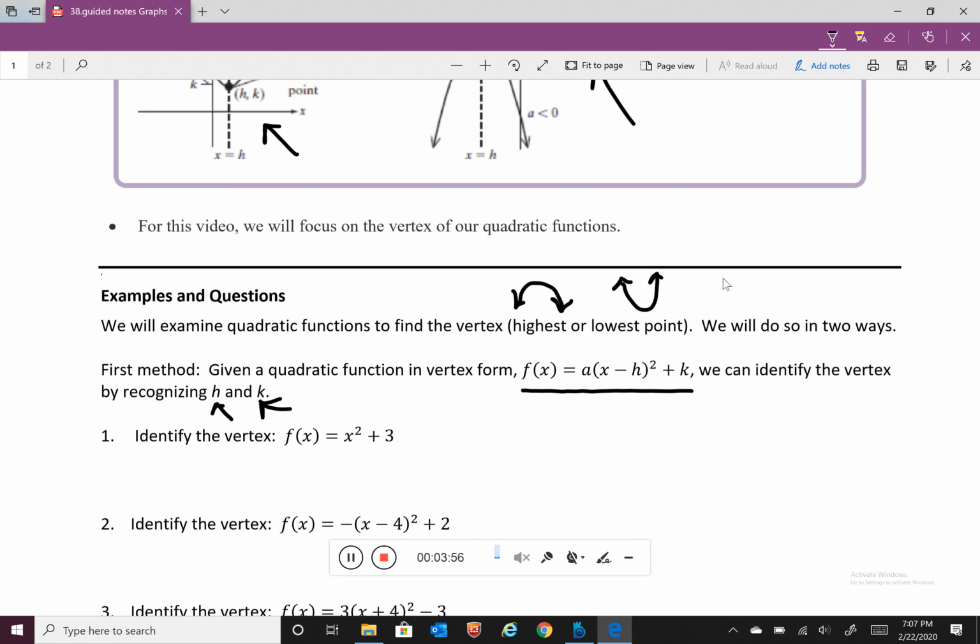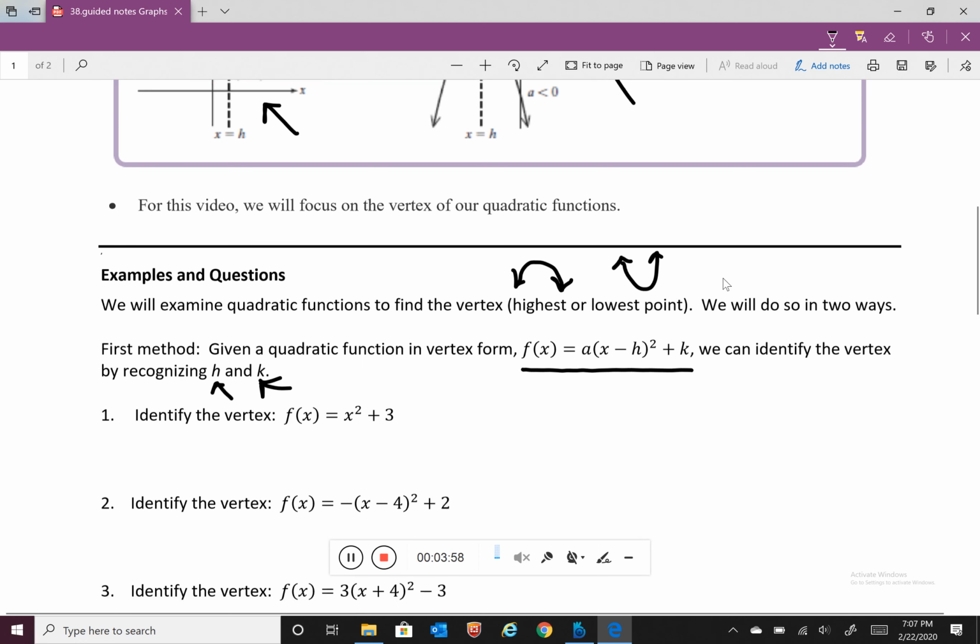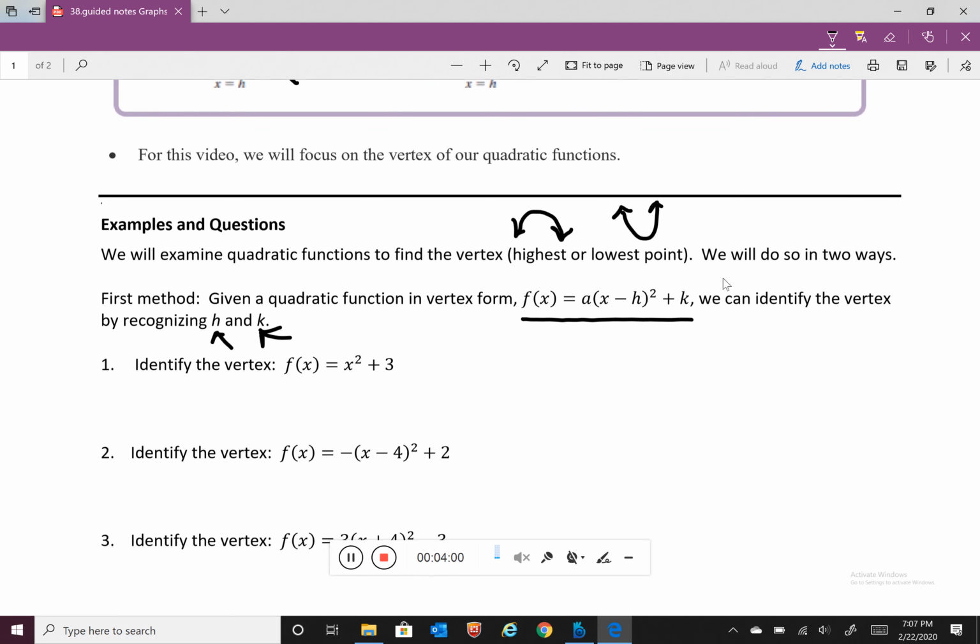So for example, for our first function, f of x equals x squared plus 3. This is in vertex form, even though we don't have parentheses, because if we think about what's happening to x, we could write this as x minus 0, quantity squared, plus 3.